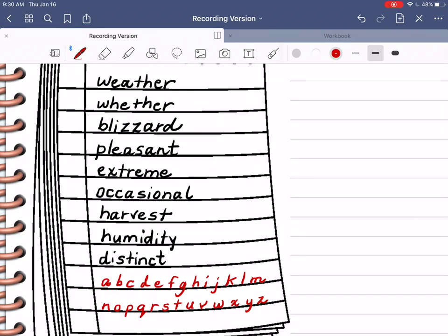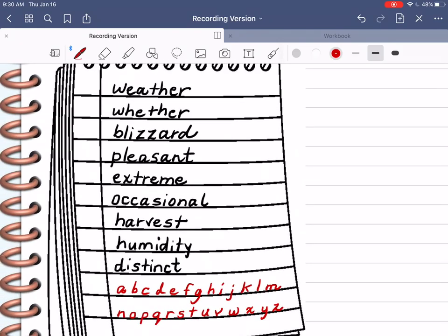So we're going to use these to put our words in alphabetical order.